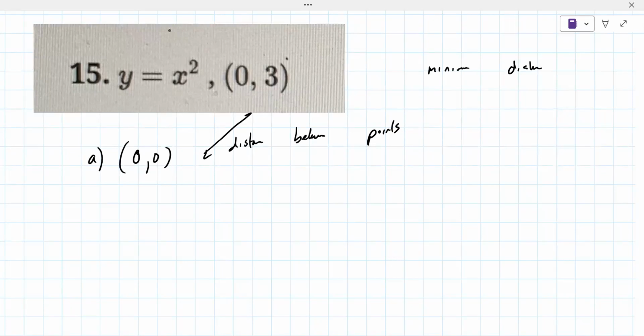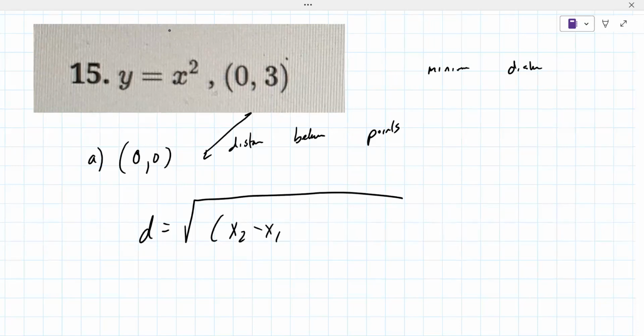Having said all that, we can do this by hand if you would like. What would you like to do? Sure. So the distance formula is the square root of x2 minus x1 squared plus y2 minus y1 squared.